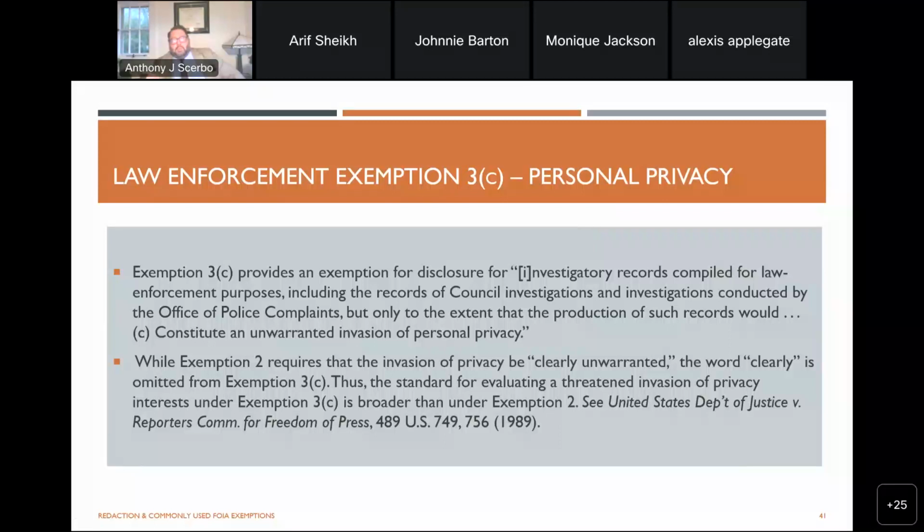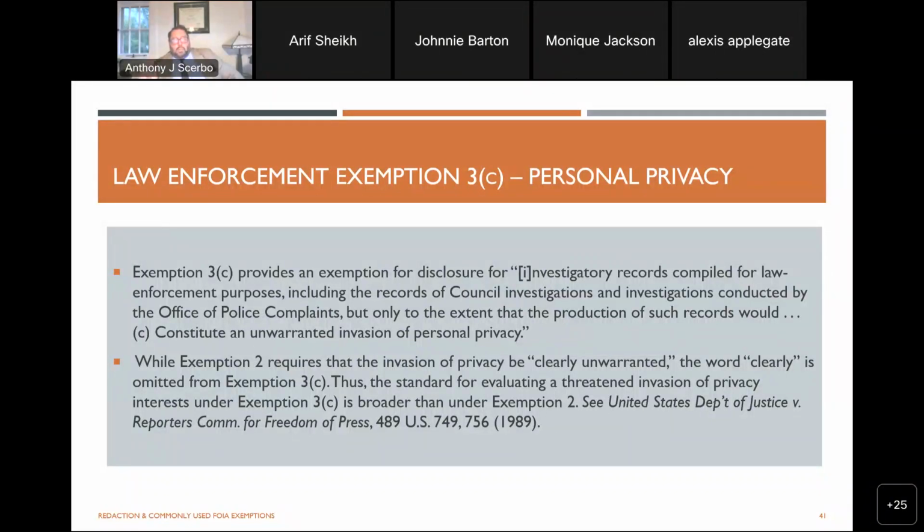The law enforcement exemption in terms of personal privacy. You'll recall when we talked about the personal privacy exemption, I said we would be talking further under the law enforcement section. Exemption 3C provides an exemption for disclosure for, quote, investigatory records compiled for law enforcement purposes, including the records of counsel investigations and investigations conducted by the Office of Police Complaints, but only to the extent that the production of such records would, and then we'll jump down to section C, constitute an unwarranted invasion of personal privacy.